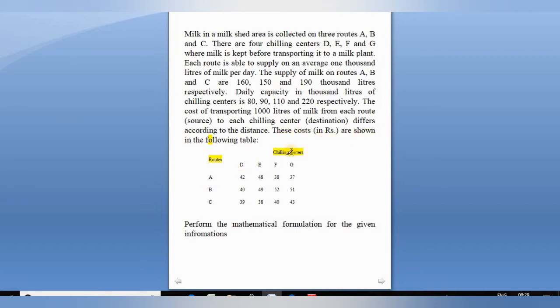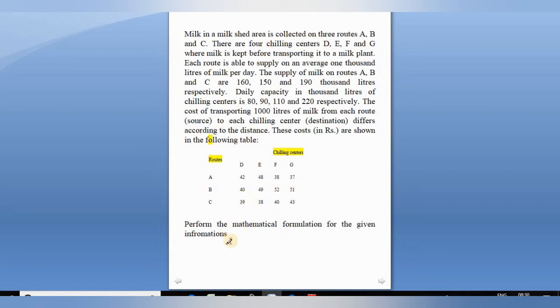So the cost of transporting from route A to destination D is 42. From route A to destination E is 48. From route C to destination D is 39, and so on.